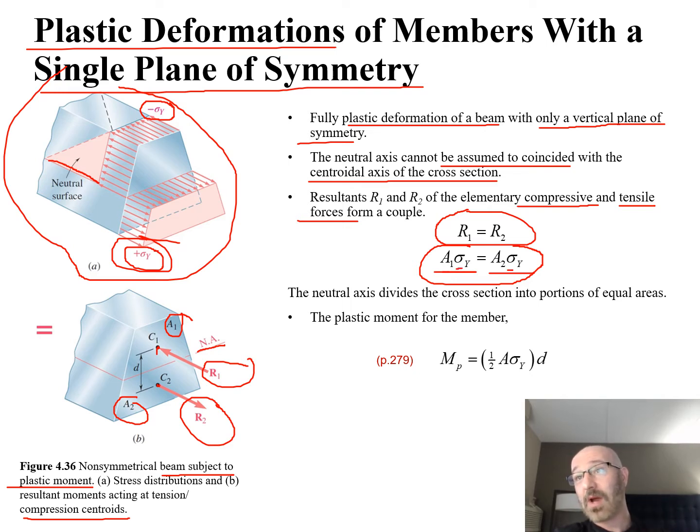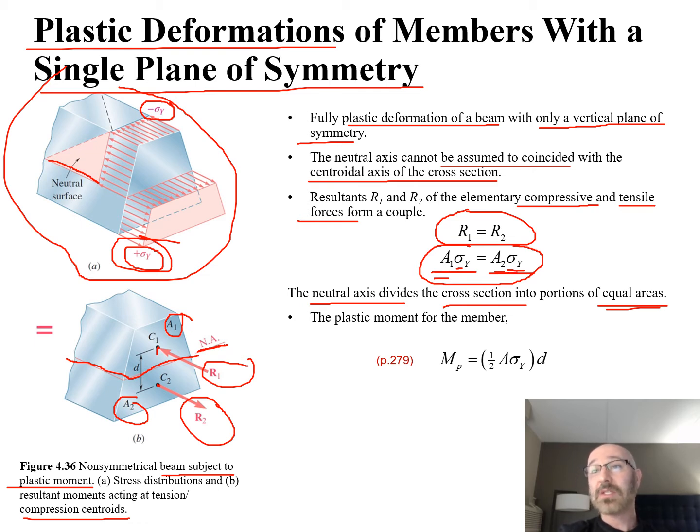If sigma y is the same on both, then A1 must be equal to A2. Therefore, the neutral axis, N sub A, divides the cross-section into equal areas, so A1 and A2 must be equal.